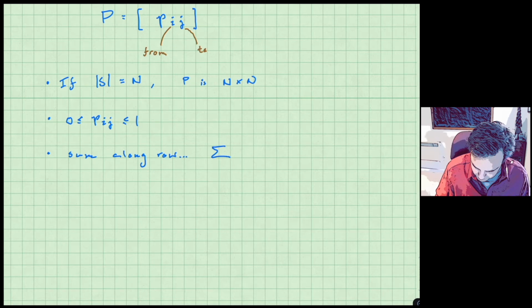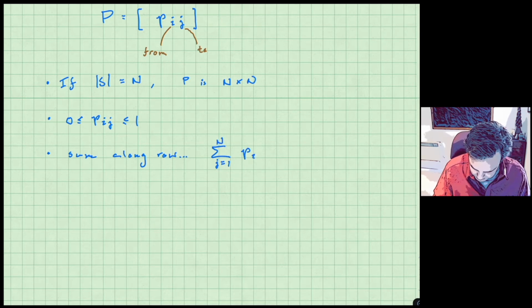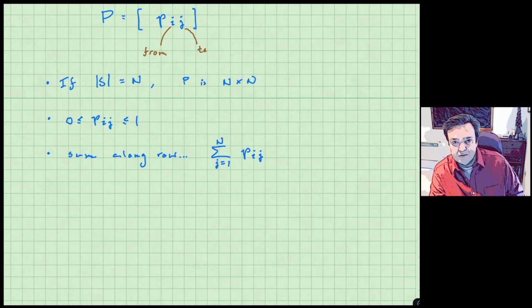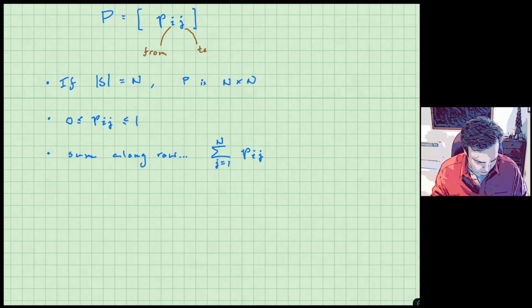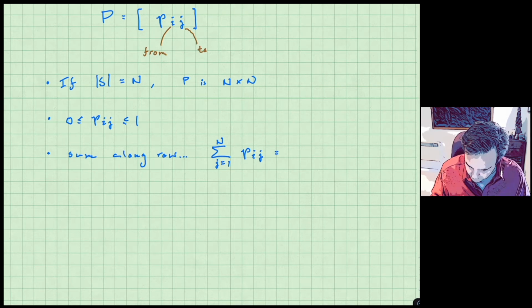If we do this, a sum from j equals 1 to n of Pij, that means i is fixed and j varies, and you add up all those things. That has to add up to 1, right? So that's the honesty condition.